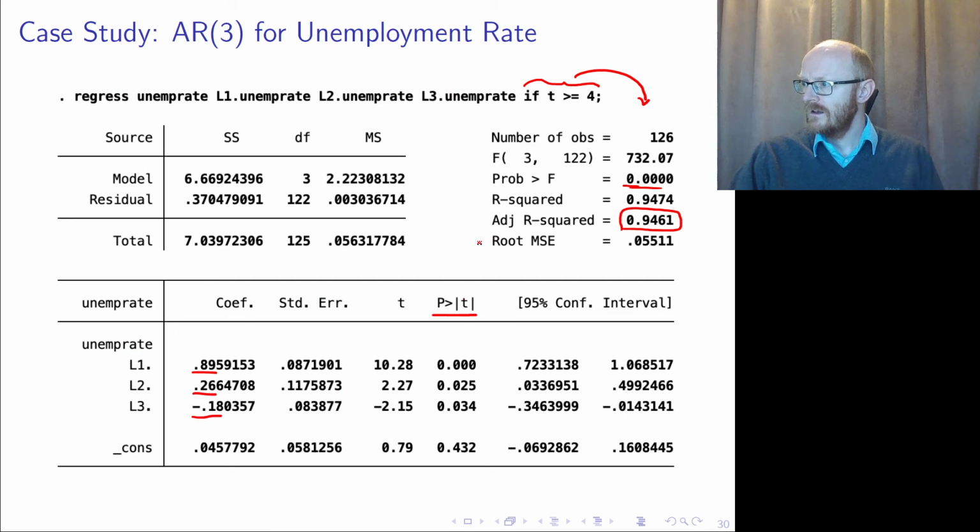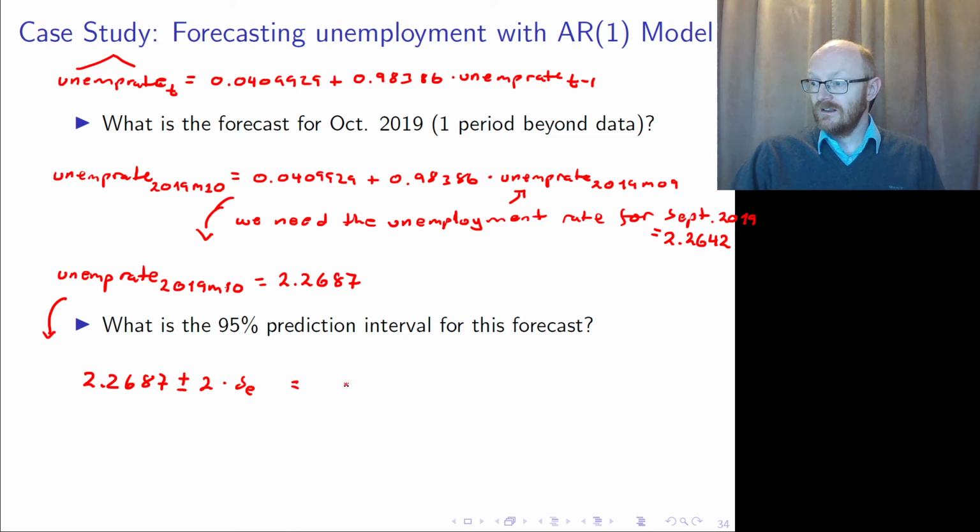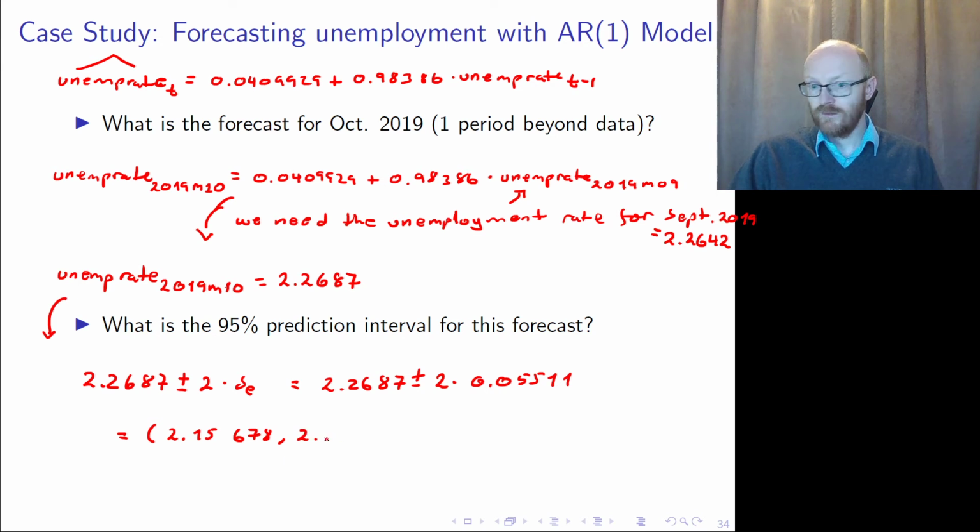You can find that here: it's SE, the root mean squared error of the residuals, 0.05511. So this equals 2.2687 plus or minus 2 times 0.05511, which gives us an interval of 2.1568 to 2.3806.